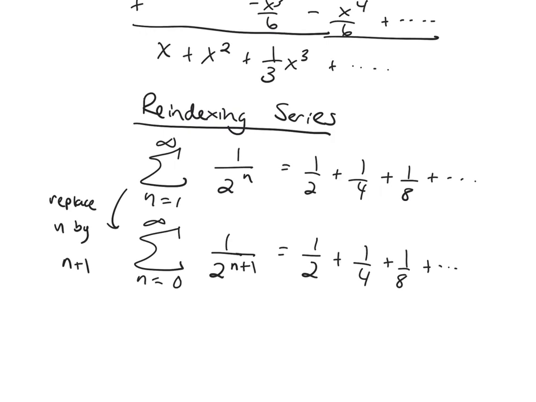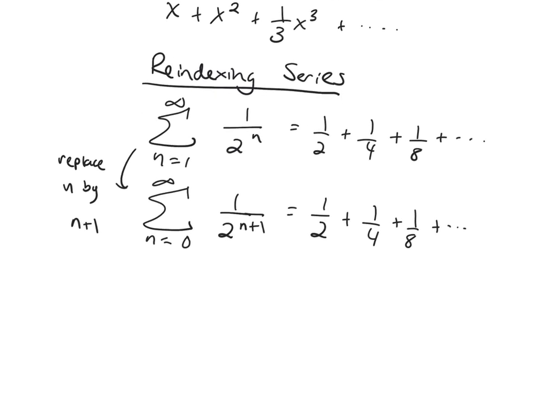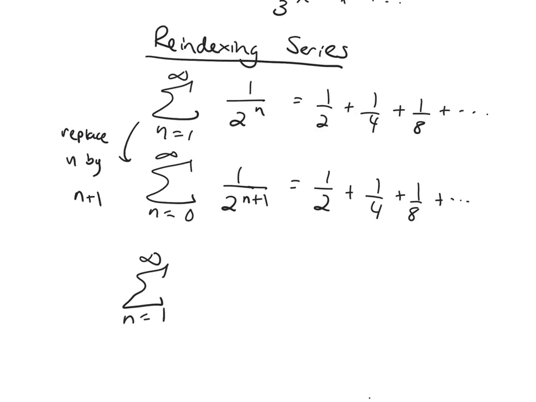I did it for a series, but how do you do this for a power series? Let me do one more example and then we'll finish. Let's say I take the power series for e to the x. Same thing, if you want this to start off at 0 now, you do the exact same thing.